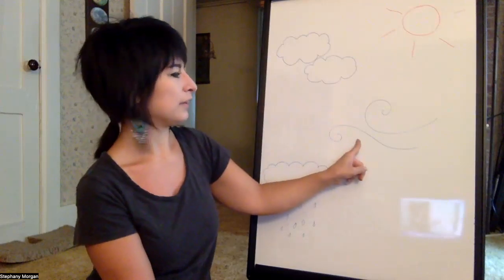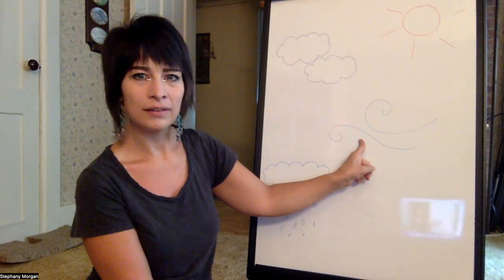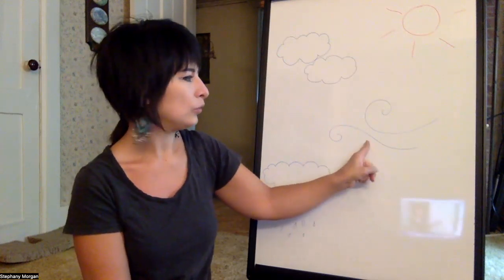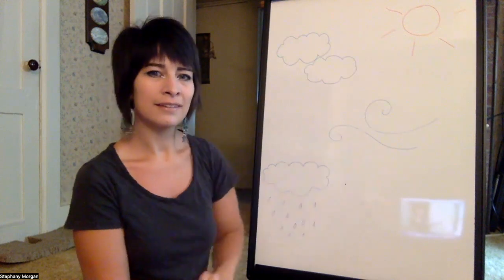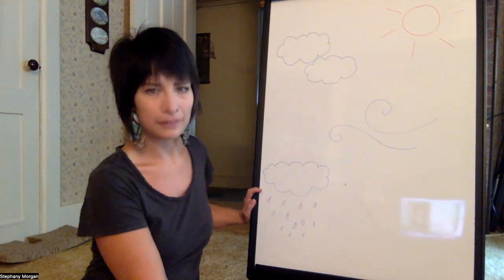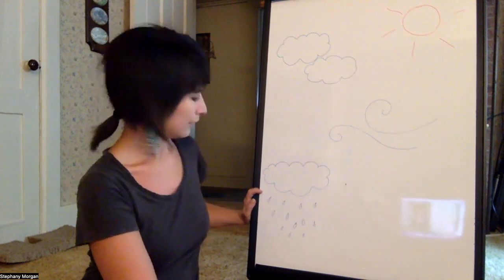If it's windy outside, we say it is windy, nuden. If it is not windy, we say gawin nude sinoon. And then here, it is raining. And if it's not raining, we say gawin, it is raining, sinoon.